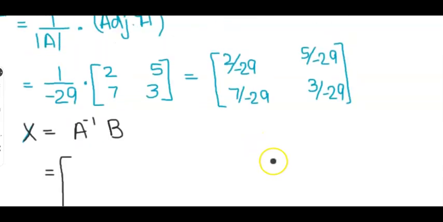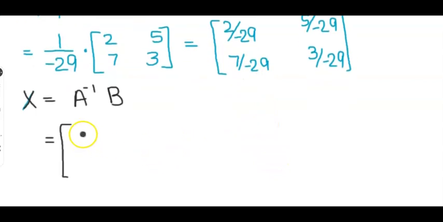So now, x equals A inverse B. Now A inverse I copy from here: 2 over minus 29, 7 over minus 29.